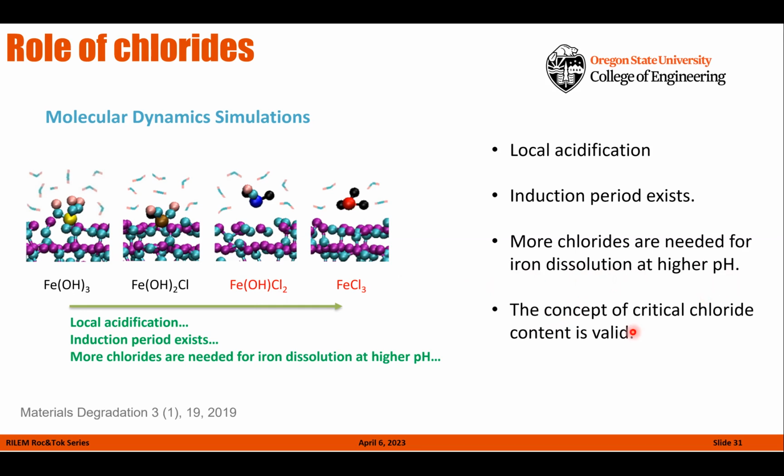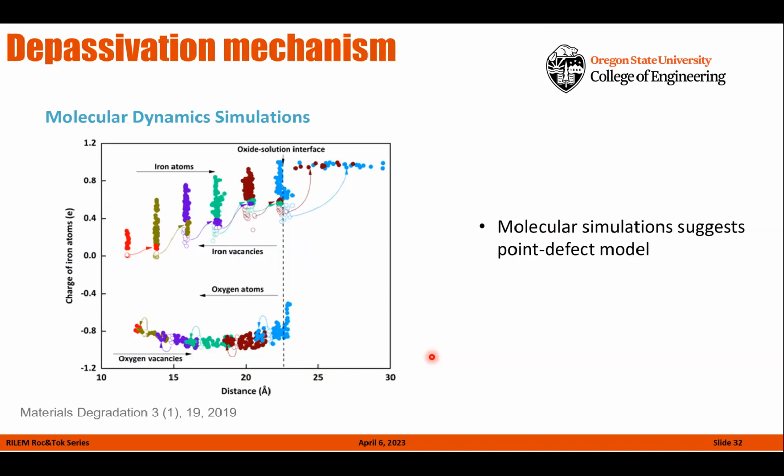And again, I will repeat this here: even the molecular dynamics simulations show that the concept of critical chloride threshold is a valid concept. In order to dissociate these iron atoms and create iron vacancies, you have to have a certain level of chloride content in your solution. Otherwise, this doesn't happen. So the concept of critical chloride threshold is also validated in these simulations.